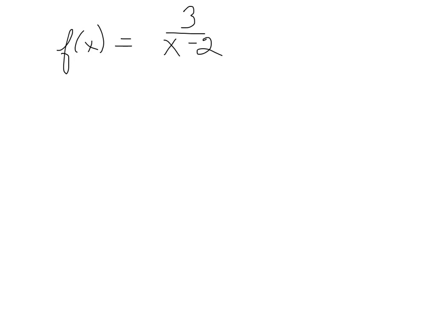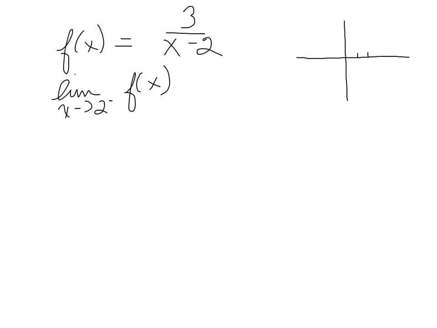If we take the limit as x approaches 2 from the left, what do you think is going to happen there? Now notice, we know kind of what this looks like because it's a transformation of that reciprocal function.